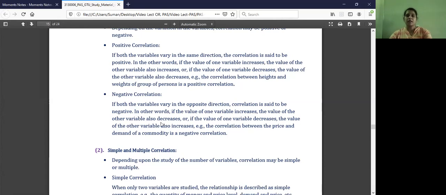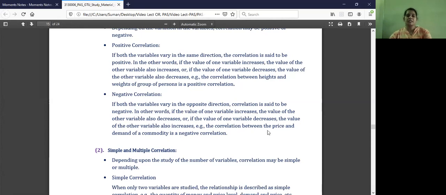That means if one variable is increased, then the other variable decreases. Or if the value of one variable decreases, the value of the other variable increases. That means the values of the variables move in opposite directions.